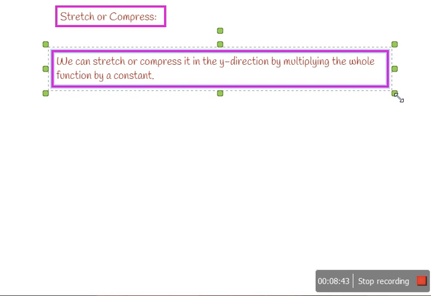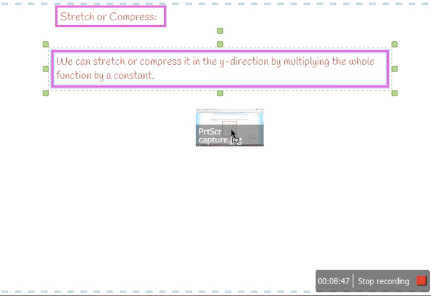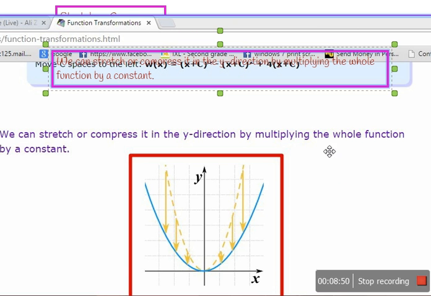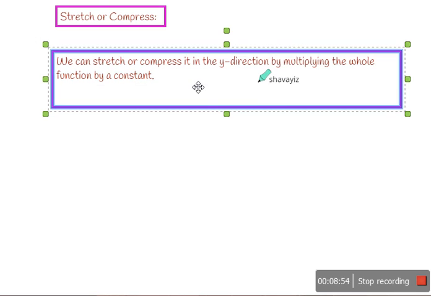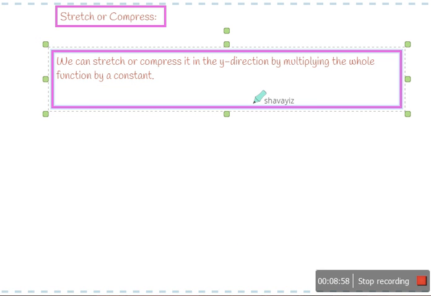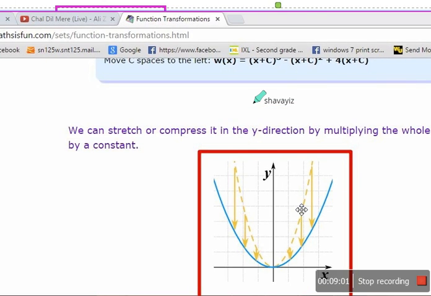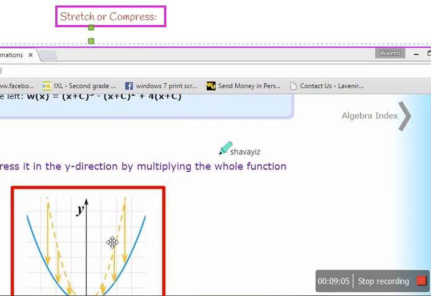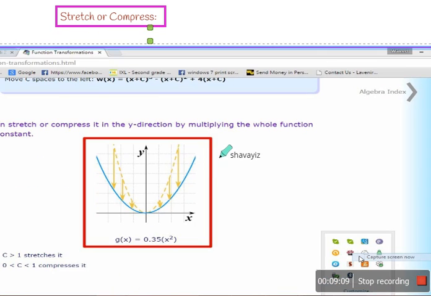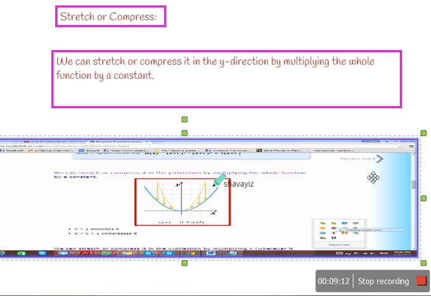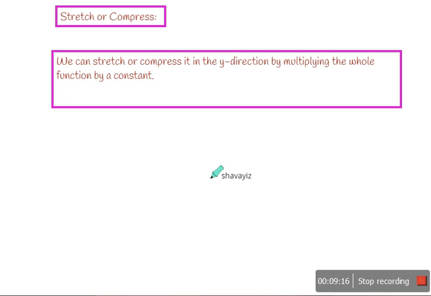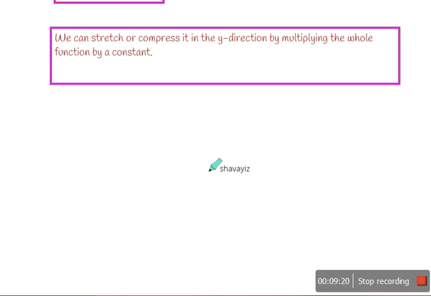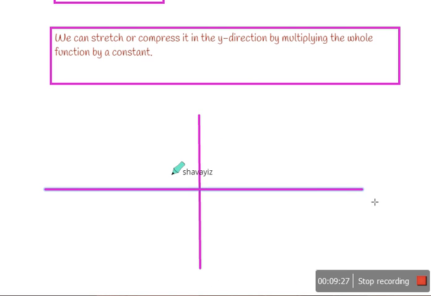Now let me show you the diagram. Say the initial graph is this one.